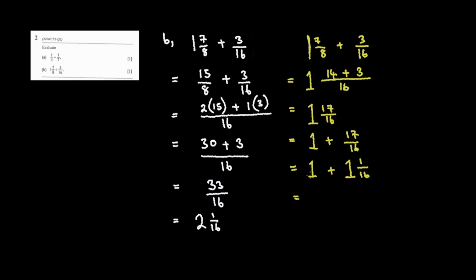And we can just add the whole numbers, 1 plus 1, that is 2, and then that fraction comes back as it is. And as you can see, our answers are going to be the same. So you can do it this way, you can do it that way. Both ways are going to give you your answer.